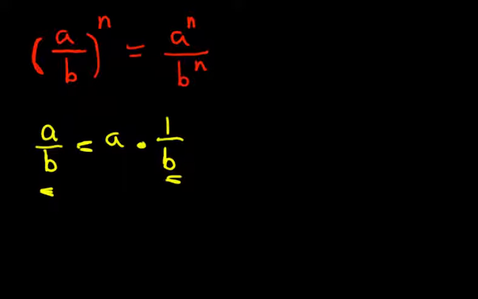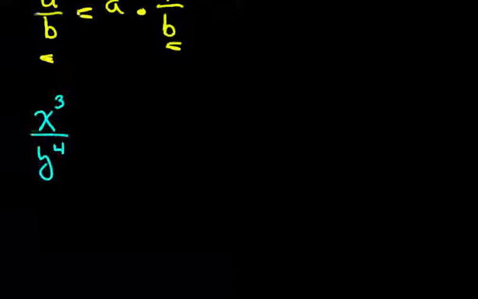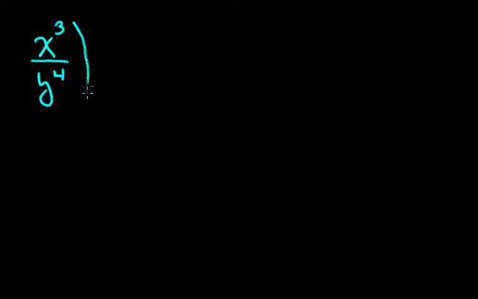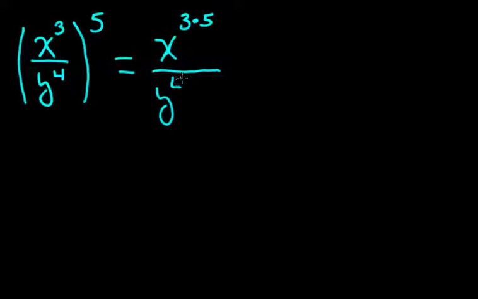So, I'll go with a bright color here. If we get x cubed divided by y to the fourth, but we take the whole thing to the fifth power, that's the same as x to the third times 5 over y to the 4 times 5.